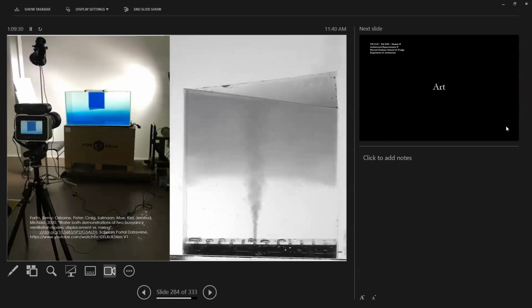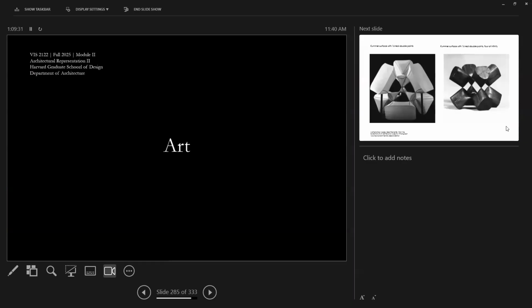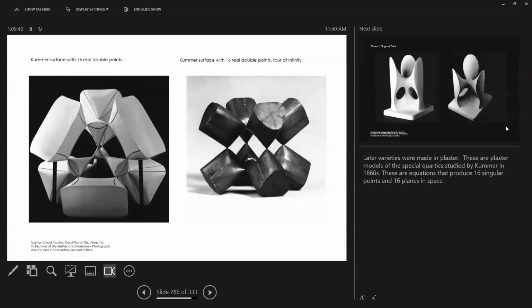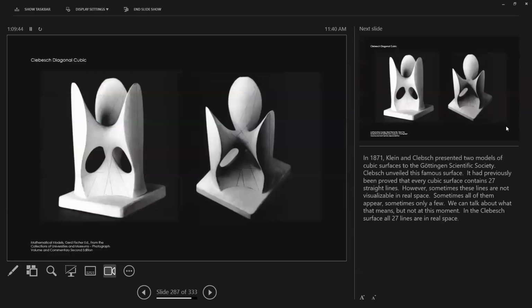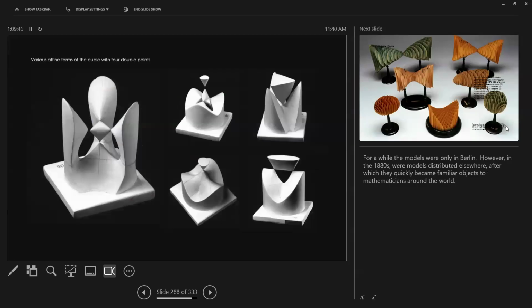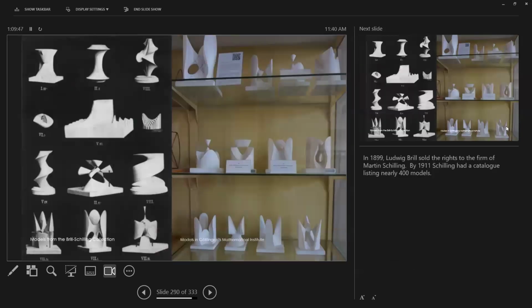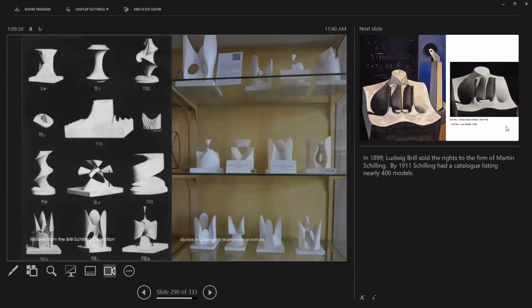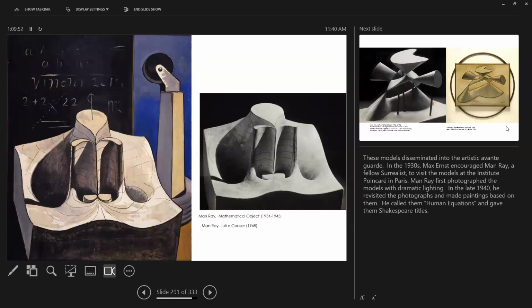Okay. Finally, I think the physical models have a huge impact on art. And I think just in their formal language. So these are also from the same time period in the 19th century, the mathematical models, and also sold around the world in this way.